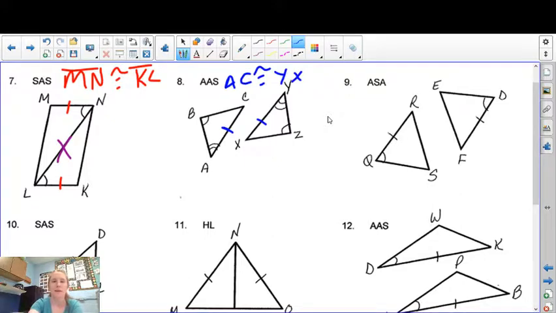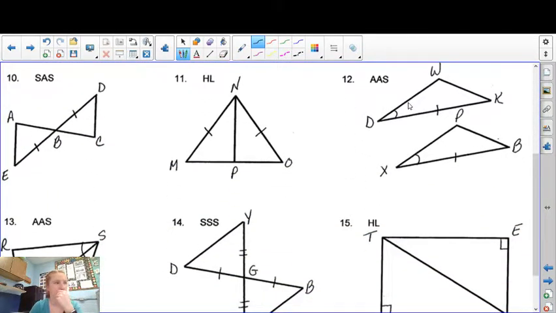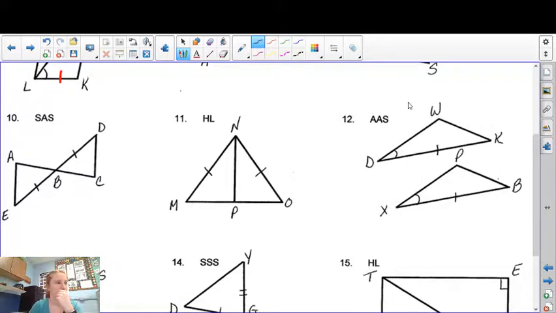All right, I've got some ASA in the next one. So I need my other angle, and again, that side has to be in the middle, so the only other chances it can be are R and F. I don't have any fun stuff for SAS, but I can tell you that I can see some vertical angles in there, so that's cool. So that's one of my givens, but that's not my missing.